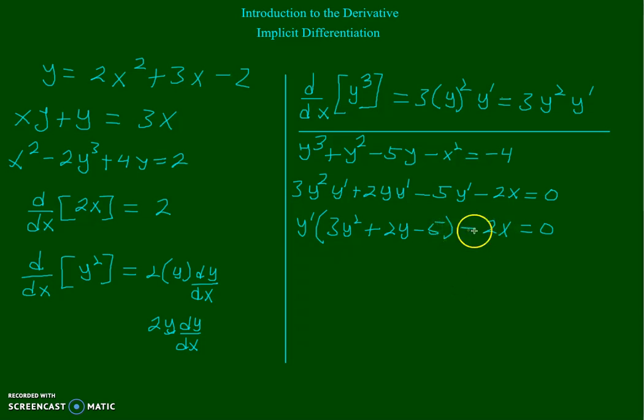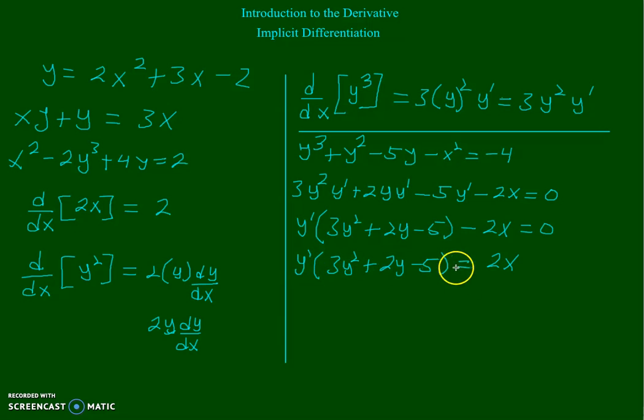Now we're going to add our 2x to the other side. So we have y prime times 3y squared plus 2y minus 5 equals 2x.